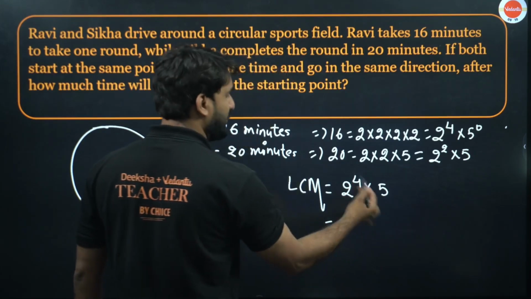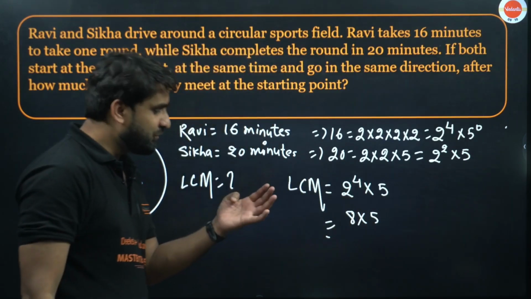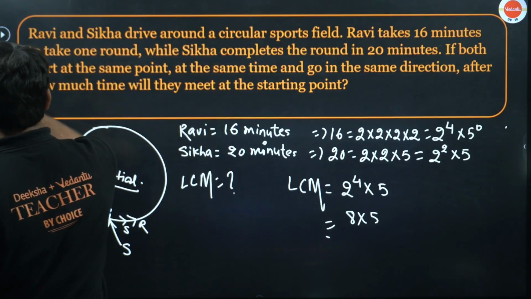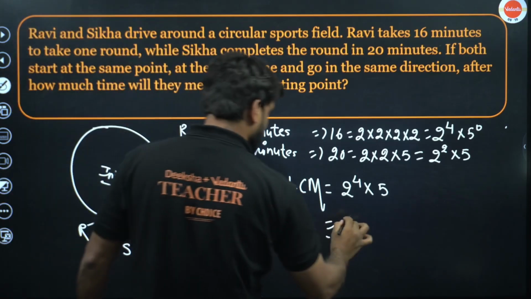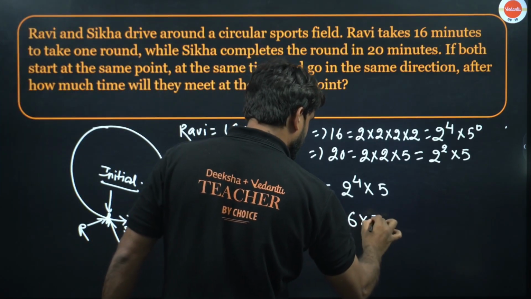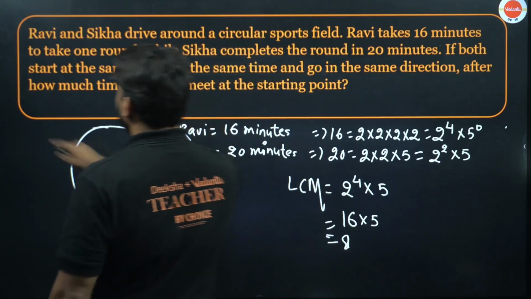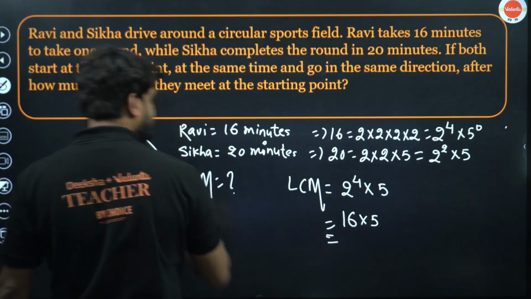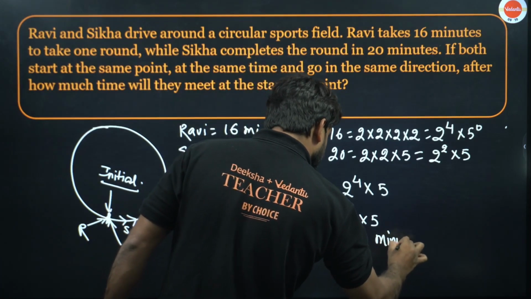So 2 to the power 4 is 16, and 16 into 5 is equal to 80 minutes. This is the answer.